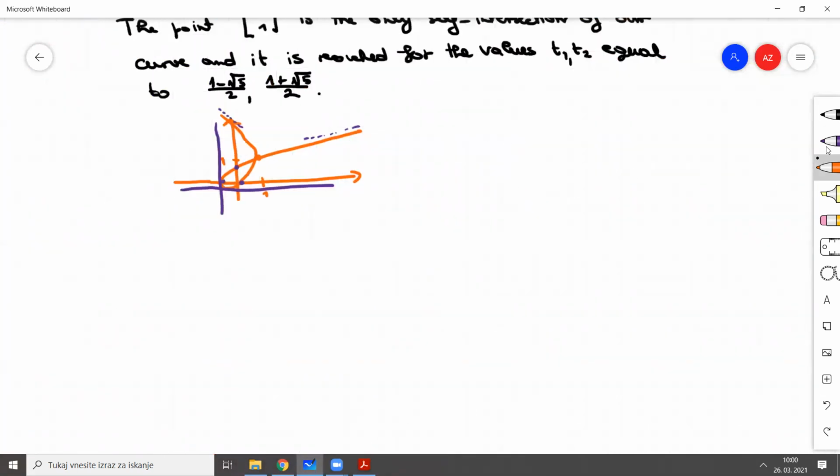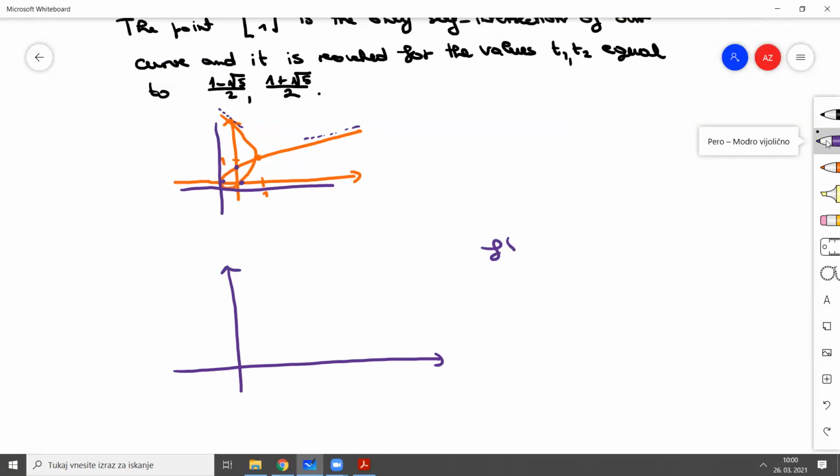I will draw again this picture. So f is some map from an interval into R squared. This is f of 0, then the position at time f of 1/2, and then the position at time f of 1.